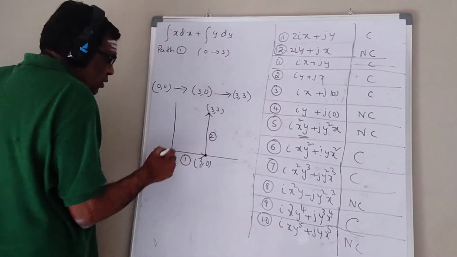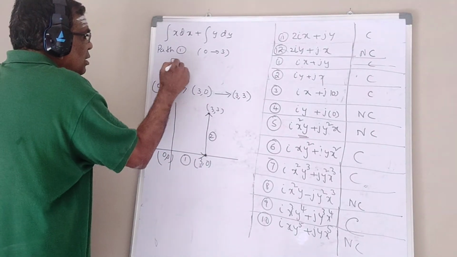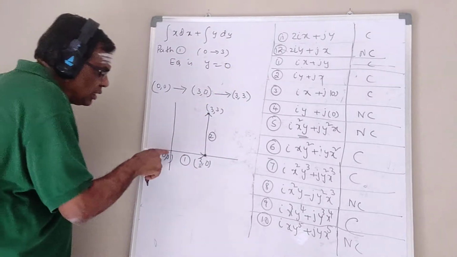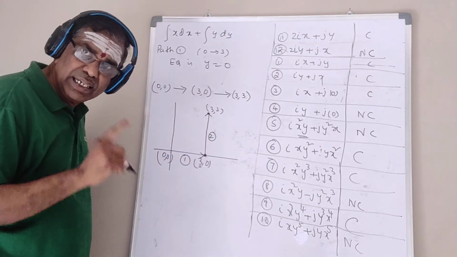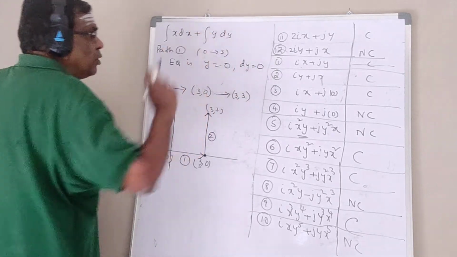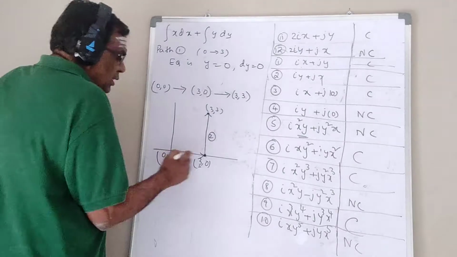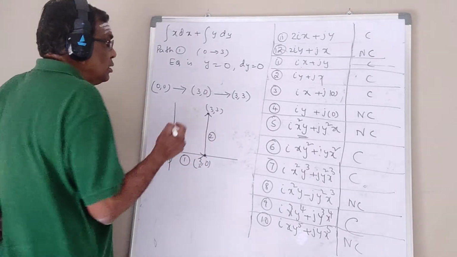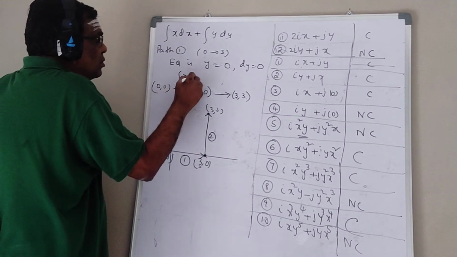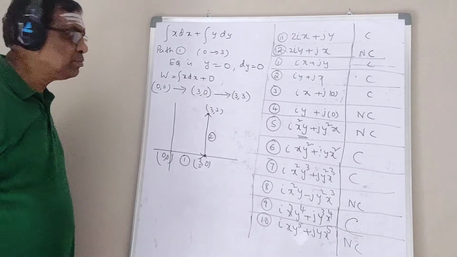Along this, that is the x-axis, the equation is y is equal to 0. If y is 0, dy is bound to be 0. x is a variable, so I can't disturb it. If I substitute, this is the integral of x dx plus 0, because y dy is 0. You get the point.